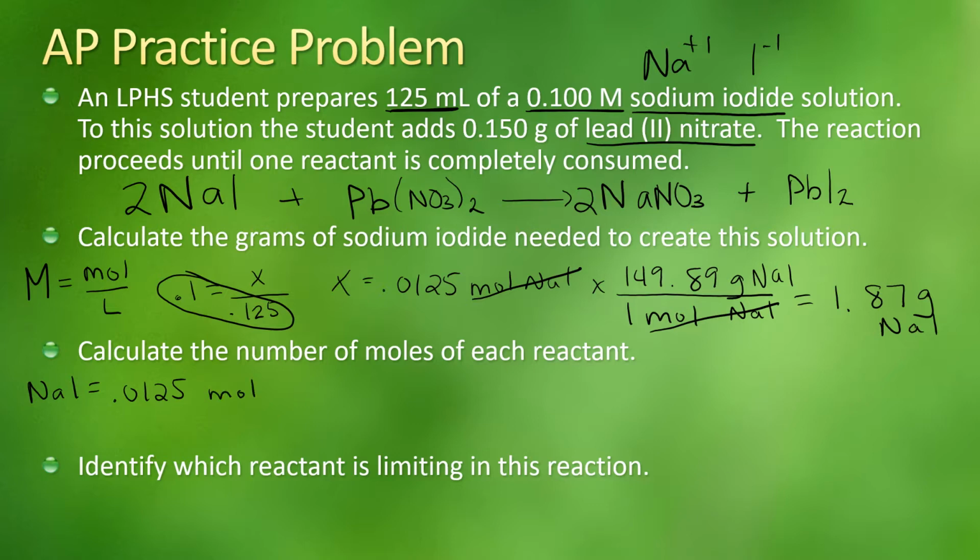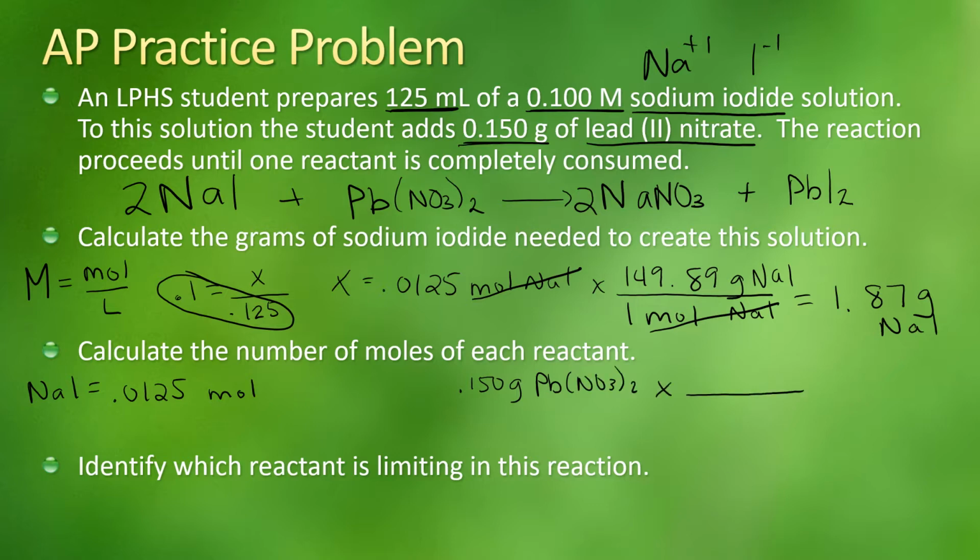In terms of moles of lead nitrate, I am given the mass of lead nitrate. I can go ahead and convert simply using my molar mass of lead nitrate. Starting over here, I have 0.15 grams of Pb(NO3)2.